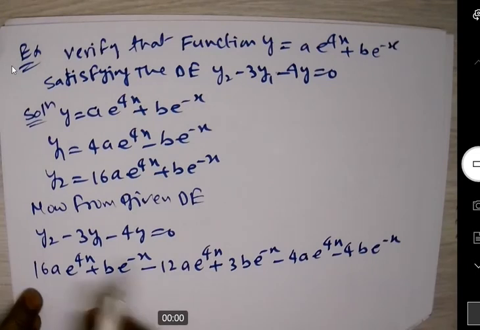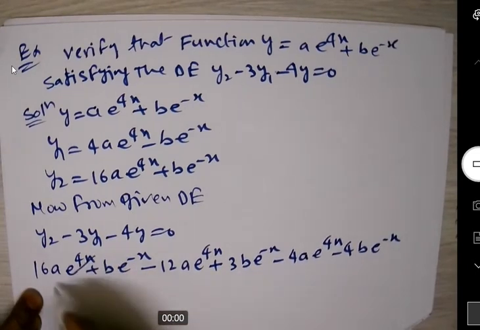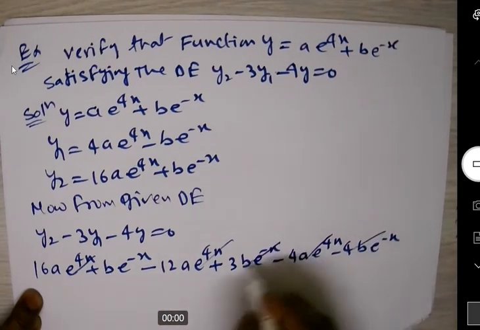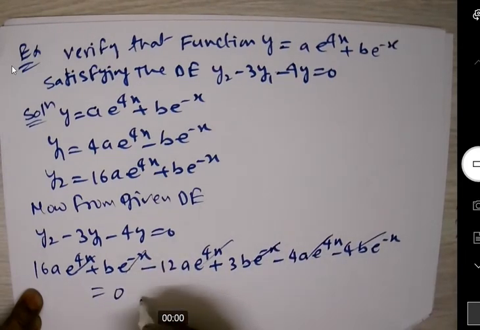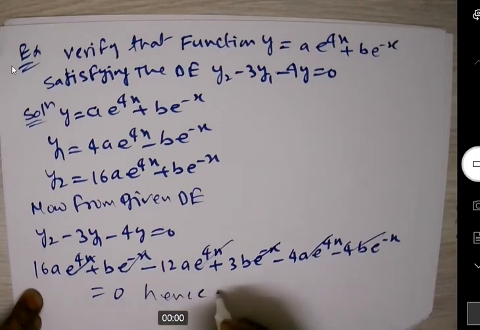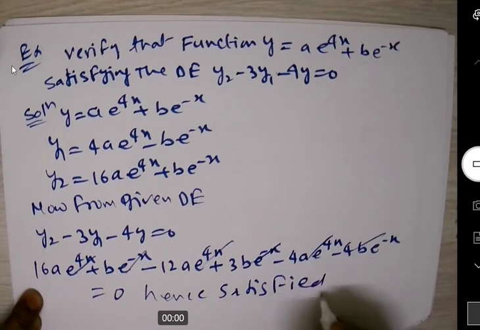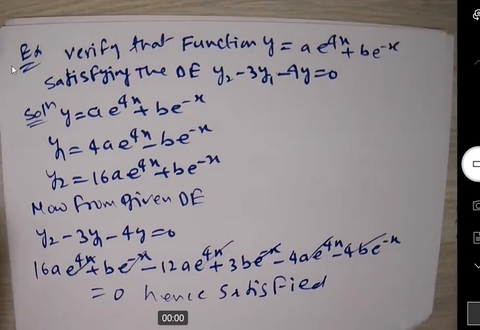So see that one, 16, 12 and this 4, 16. So this and this cancel. See that one, 3b plus b, 4b e power minus x and minus 4b. So this one is also cancelled. So hence satisfied. That means this function satisfies the given differential equation. Hence satisfying the equation means this is the answer of that one.